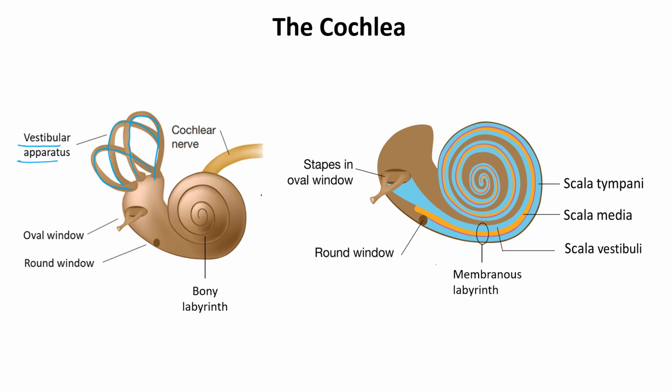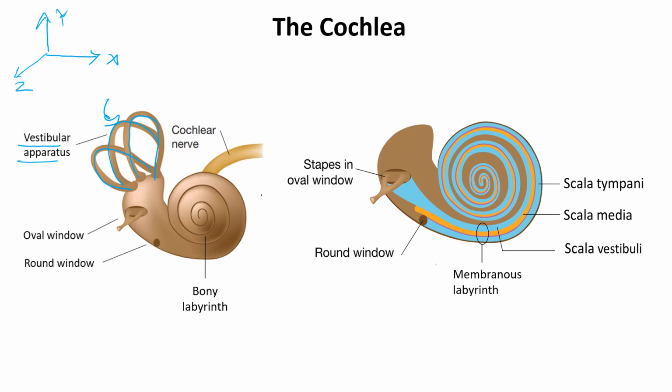So let's say if this is the x-axis and this is a y-axis and this is a z-axis which is coming out from the plane of your screen right now, then these three canals of the vestibular apparatus lie at these three different axes.